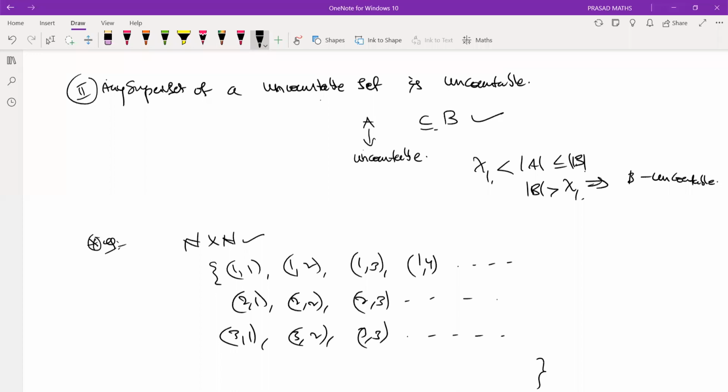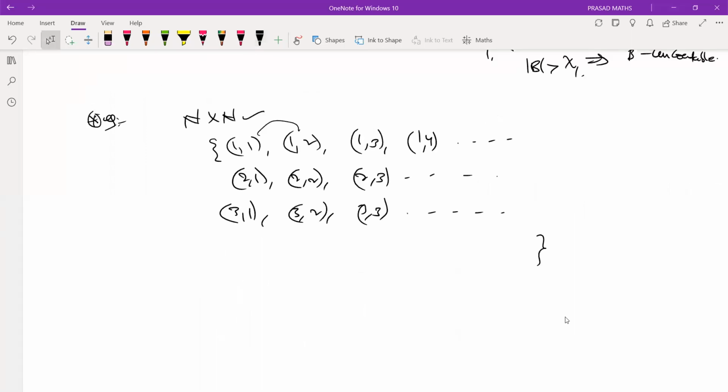So it is automatically an infinite set. Any two distinct elements you take are distinct.